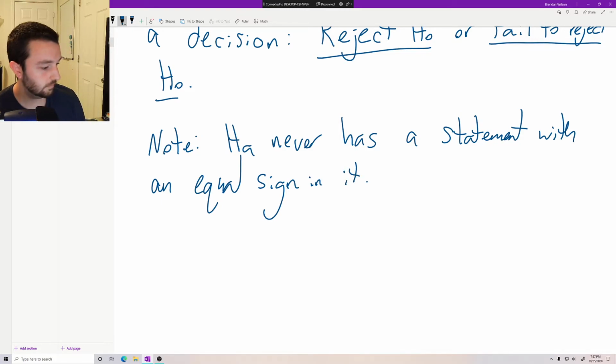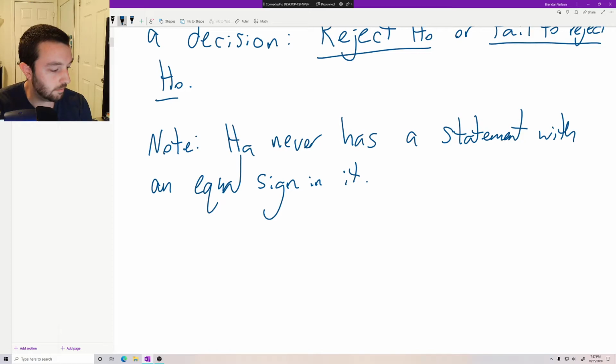Okay. So this is very helpful for determining which is the null hypothesis and which is the alternative hypothesis. When we're making the statements, the alternative hypothesis won't have an equal sign in it at all.